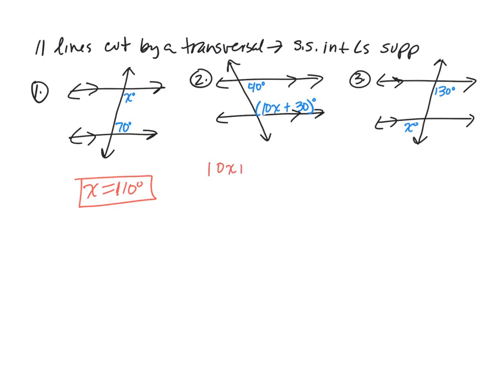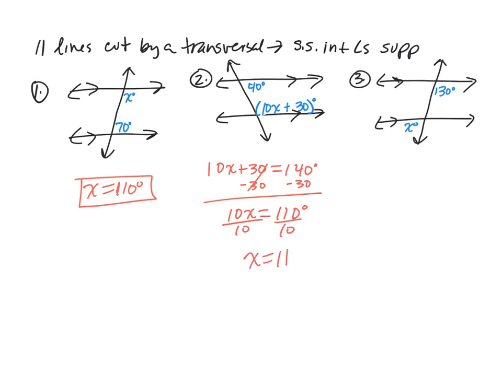So 10x plus 30 is equal to 140. Let's solve this equation for x. We get that 10x is equal to 110 degrees. Dividing both sides by 10, x is equal to 11.